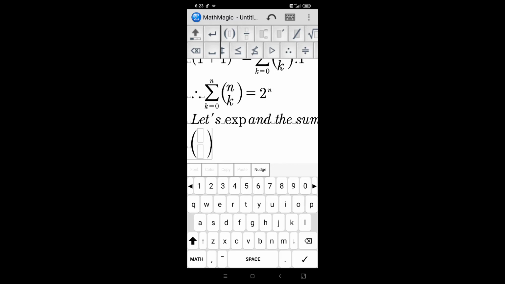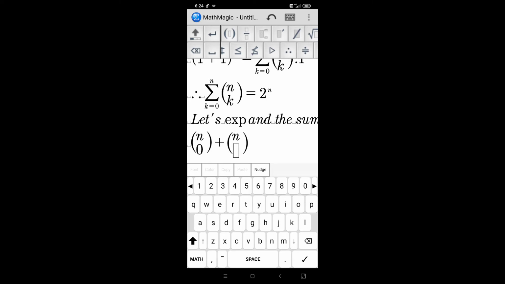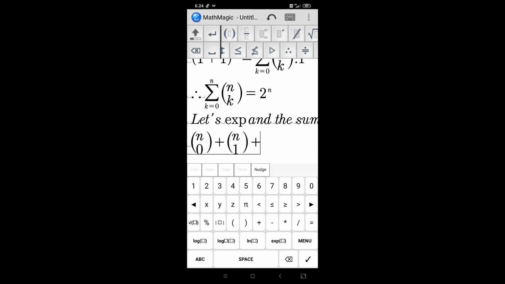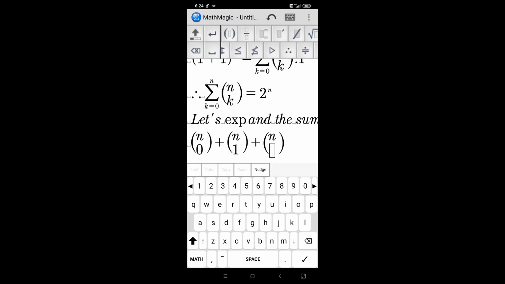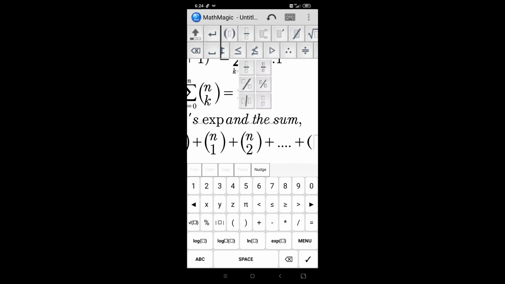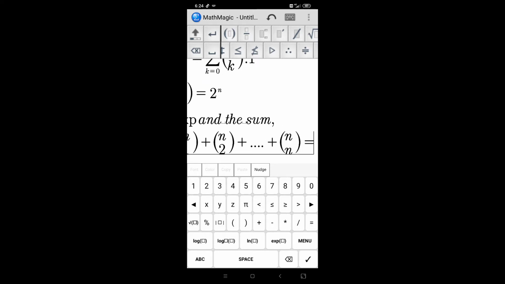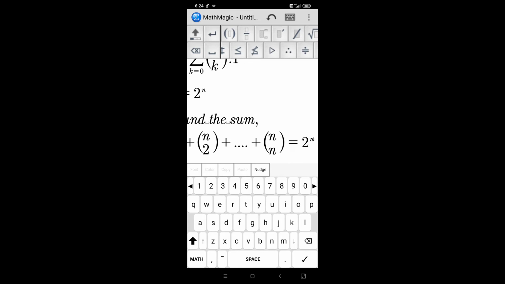So if I expand that: n combination 0 plus n combination 1 plus n combination 2 plus, and so on, up to plus n combination n equal to 2 to the power of n.